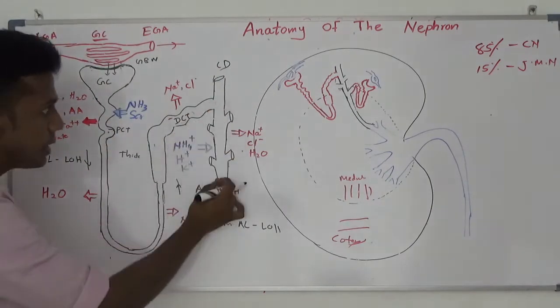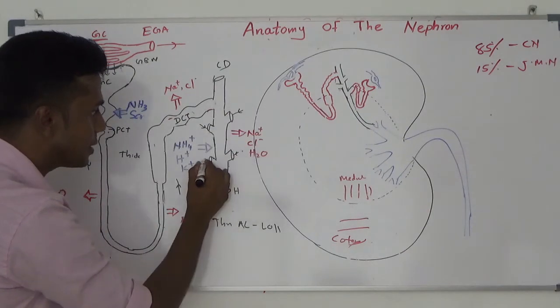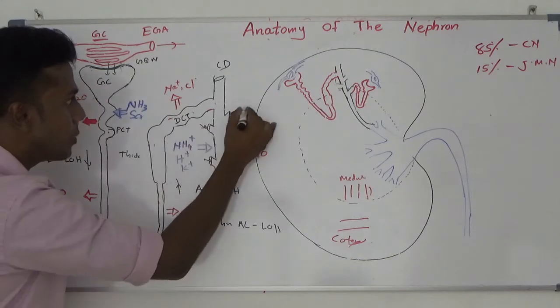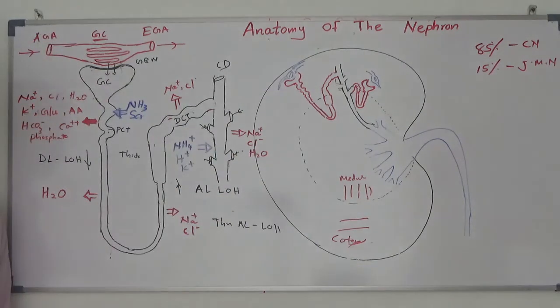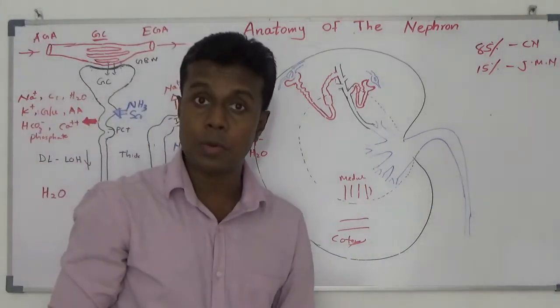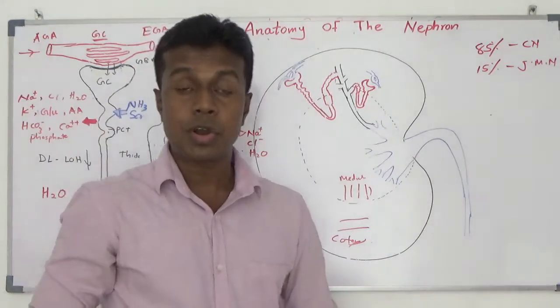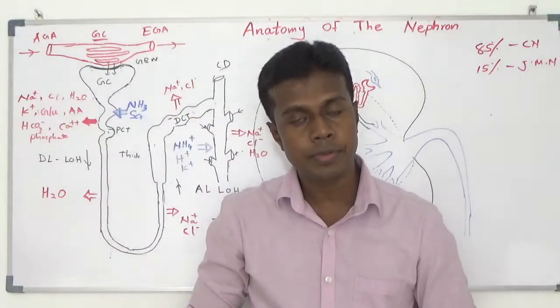The collecting duct receives the collections from several distal convoluted tubules, from here to here, here to here. Several distal convoluted tubules unite together and produce the collecting duct. This is the structural anatomy of your nephron.